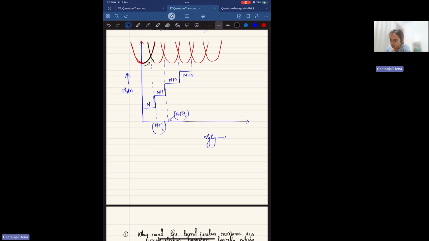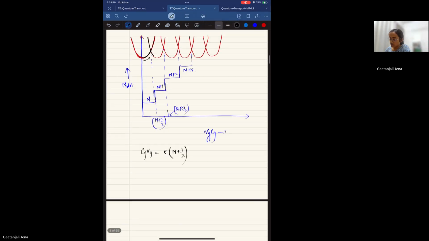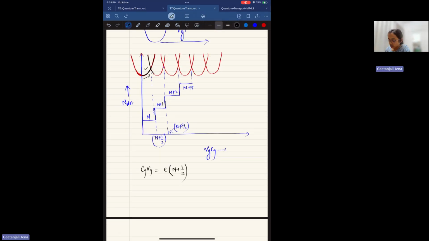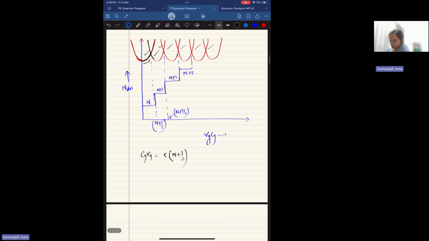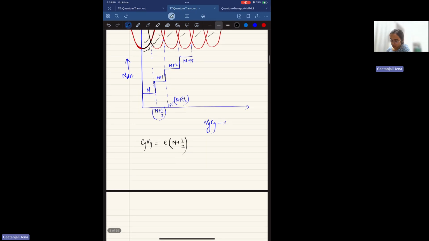Let's say we encounter a point where CgVg is equal to e times n plus half. This is the point where the two successive parabolas intersect with each other, so they have the same energy at the touching point.